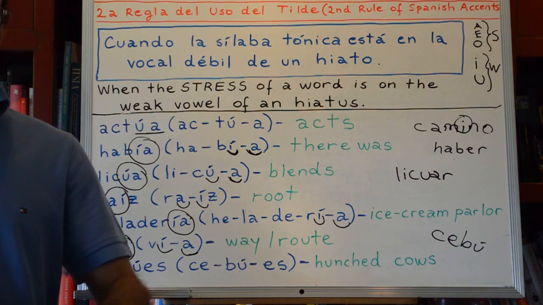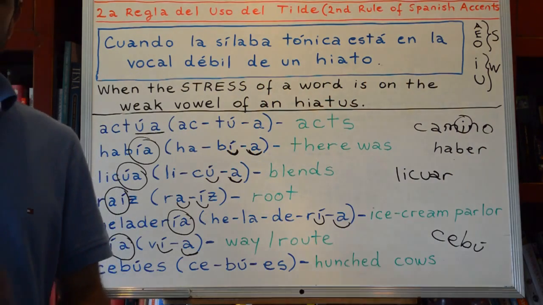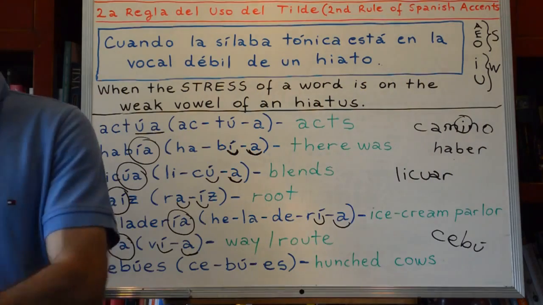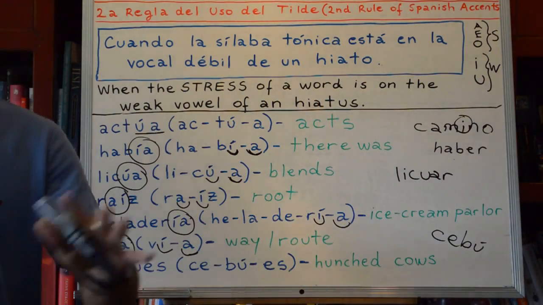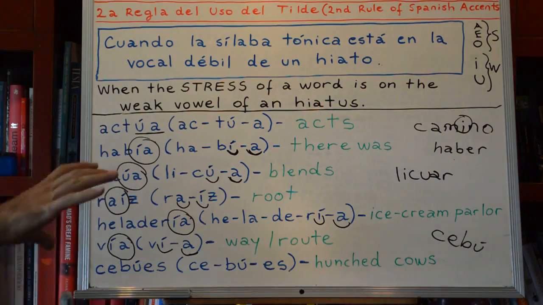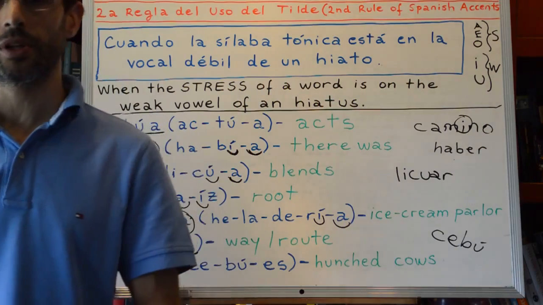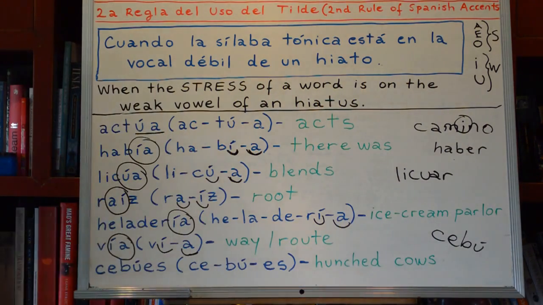It's that grayish, whitish cow that has a big hunch. Okay? It's not the Hereford type of cow or the Aberdeen Angus. It's the hunched cow, right? That is very typical from tropical climates, right? That hunched cow is called cebú.